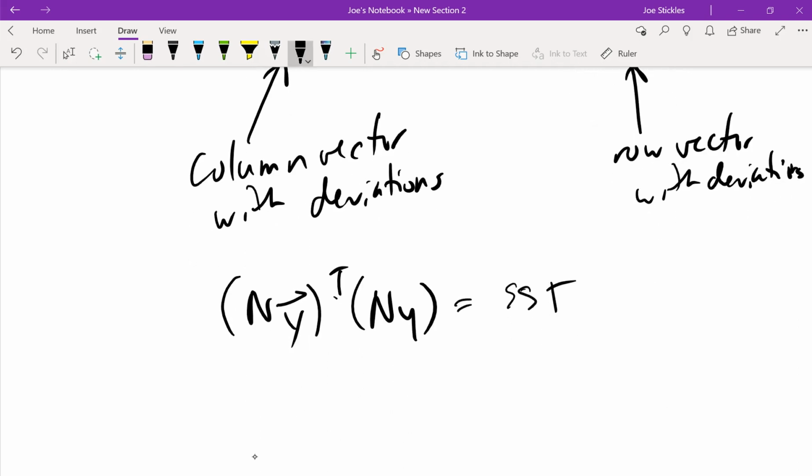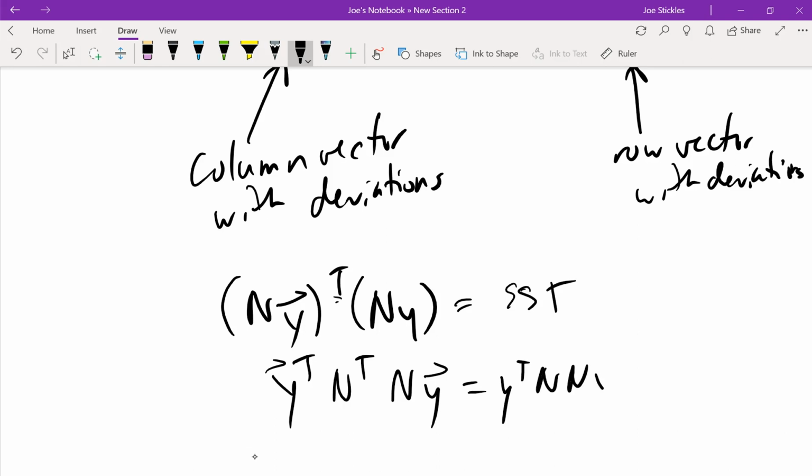Greta said a minute ago, what do you do with the transpose with respect to a product? Take the transpose of both and flip them. Yep, take the transpose of both and flip them. And what did we just say? What's true about n transpose? What is it the same thing as? N. And what did we just say that n squared is the same thing as?